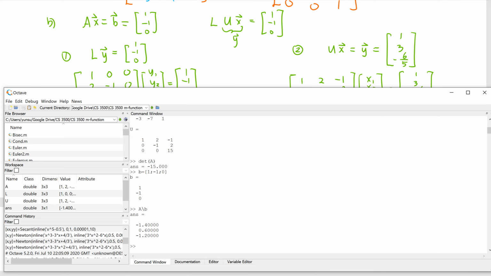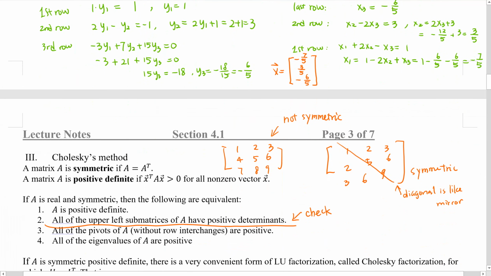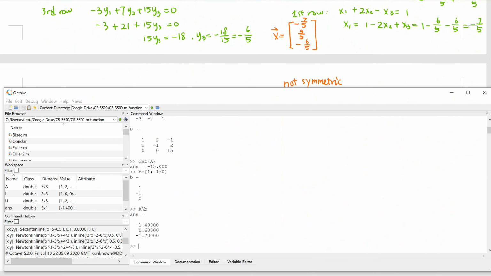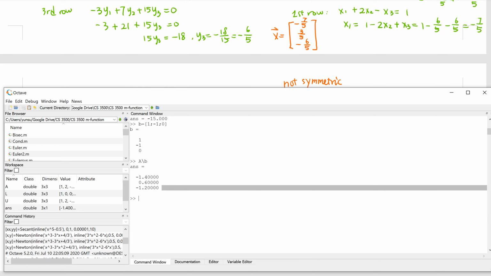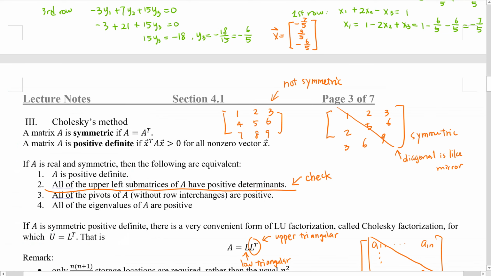Oh, -1.4, that is like -7/5. And then 0.6 is 3/5. 1.2 is 6/5. You see, it matched with our answer. So when you do your homework for some problems, you can actually use MATLAB or Octave to check your work.